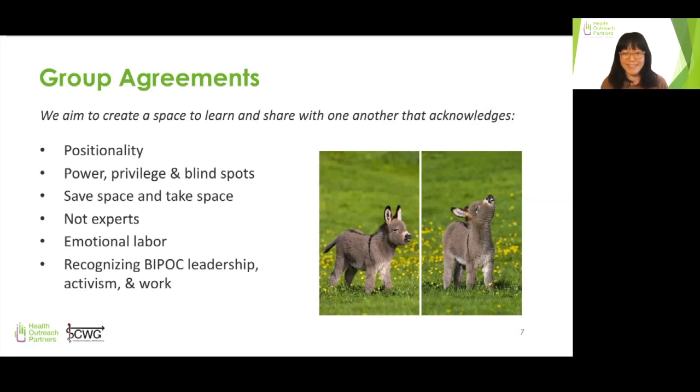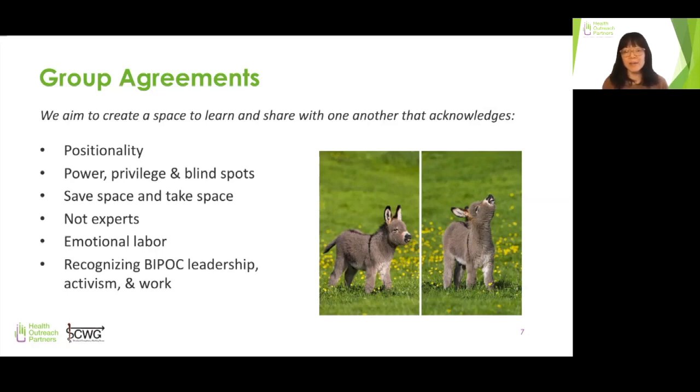Another thing to add is that oftentimes in these conversations, especially when we're talking about things that relate to racism, like structural racism, or white supremacy, which we'll get into later on, a lot of this work has been put on the communities most affected by it. So communities of color, BIPOC.